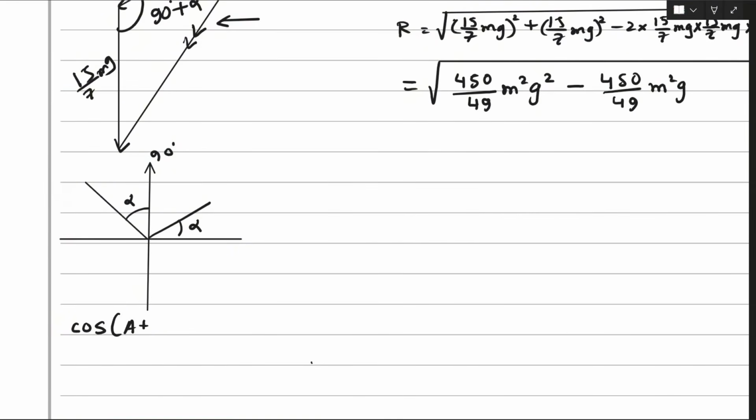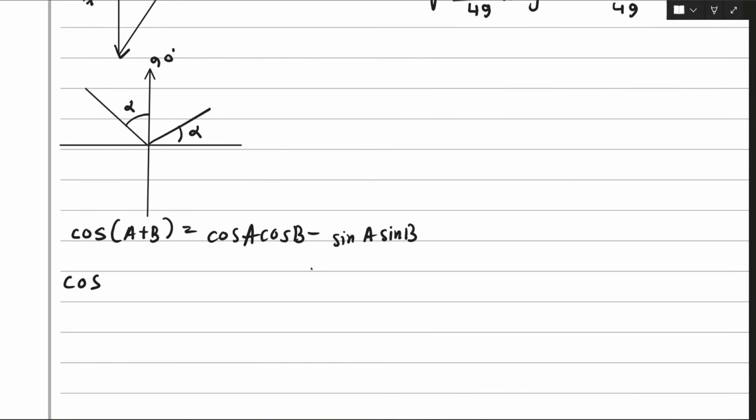We know that cos (a plus b) is equal to cos a into cos b minus sin a into sin b. We can use this for cos 90 plus alpha. So cos 90 plus alpha can be broken down using the addition formula for cos (a plus b).